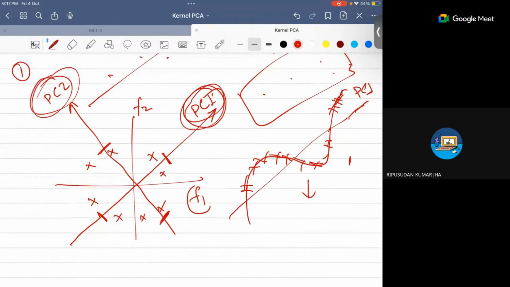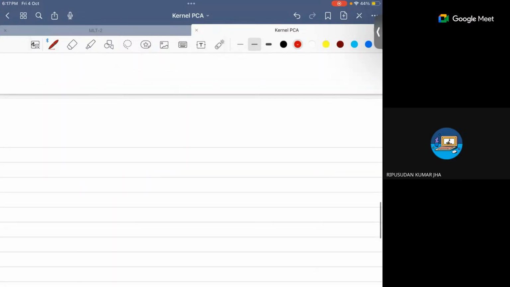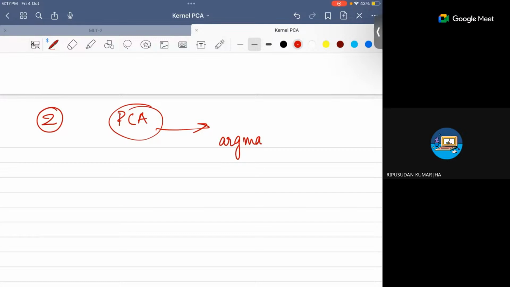The second issue with PCA is, see, when we were working, PCA was simple. What we were doing was maximizing the variance. After doing the algebra, we came up with some argument where we were maximizing some function, and that function was something like this.